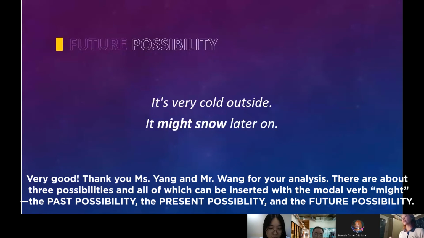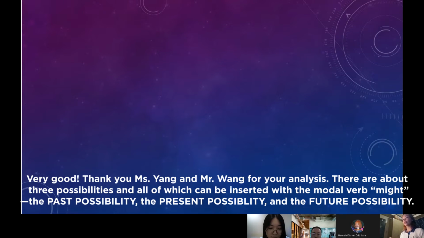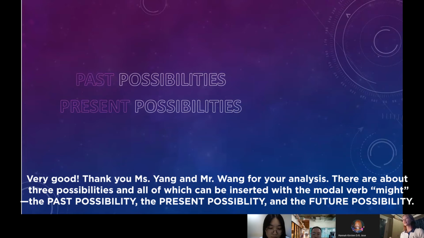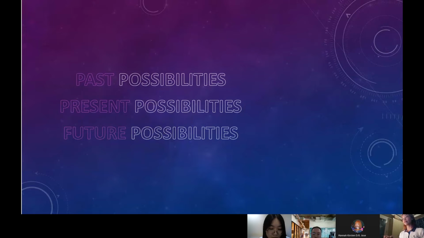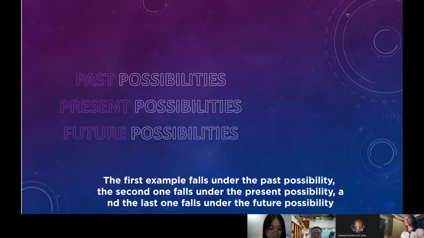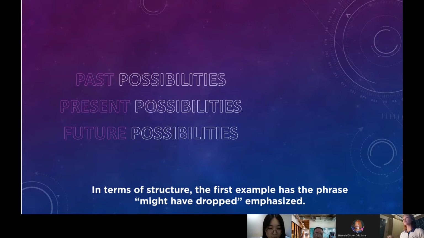There are about three possibilities, and all of which can be inserted with the modal verb might. The past possibility, the present possibility, and the future possibility. The first example falls under the past possibility, and the second one falls under the present possibility, and the last one falls under the future possibility.